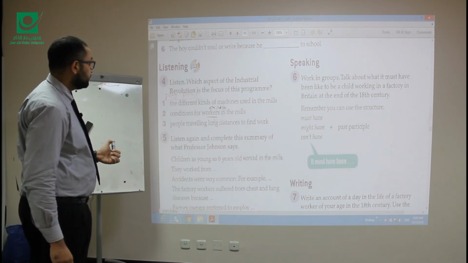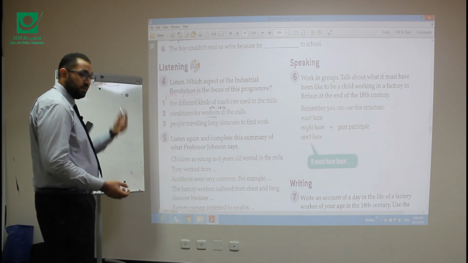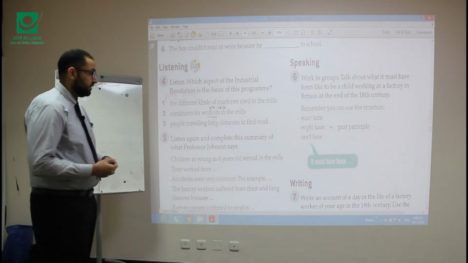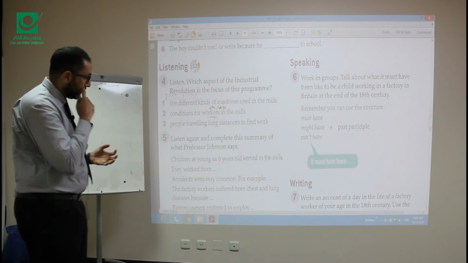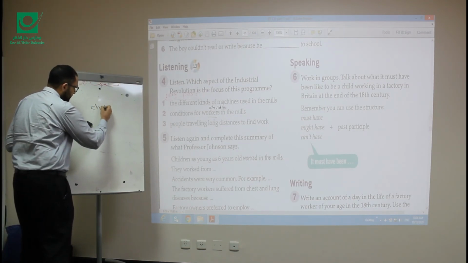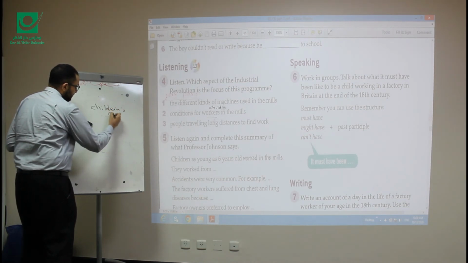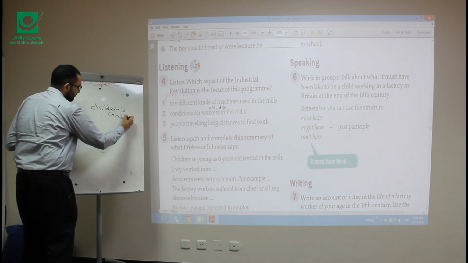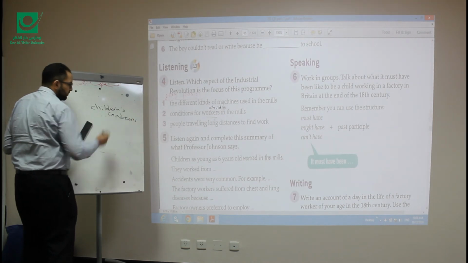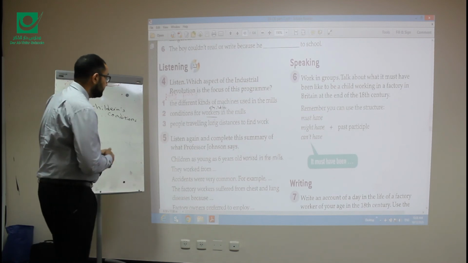Okay, now people traveling long distances to find work, they offered them, yes, they offered them food and a stay. And that's why we're talking about children's conditions. Or you even don't need to add the apostrophe S, you just need to write children.